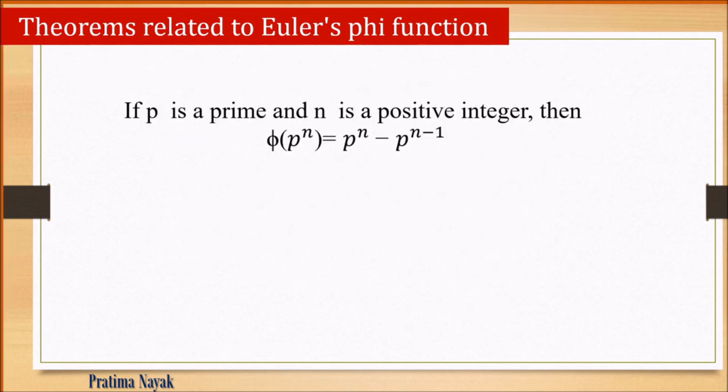Next is, if p is a prime and n is a positive integer, then phi of p power n equals p power n minus p power n minus 1. So phi of 2 to the power 5 can be written as 2 to the power 5 minus 2 to the power 4.